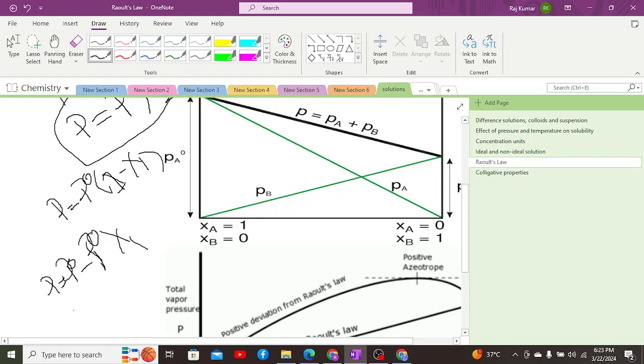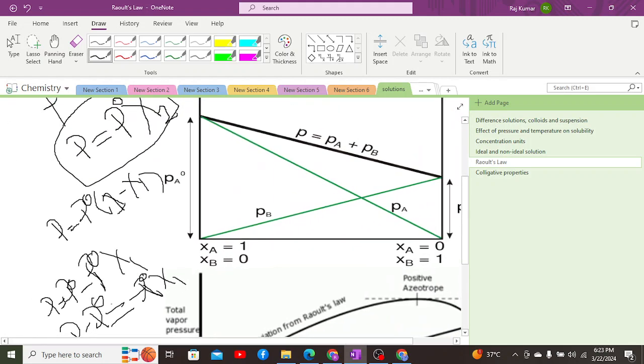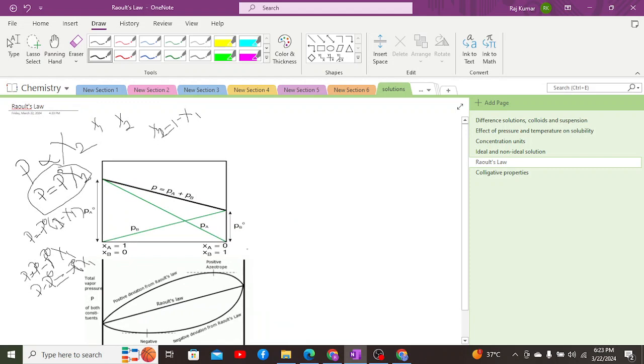When we move P naught to the other side, it becomes P minus P naught is equal to minus P naught x1. Now there is a minus sign.